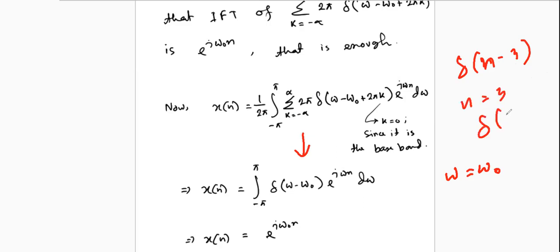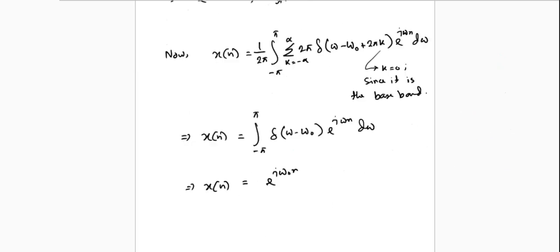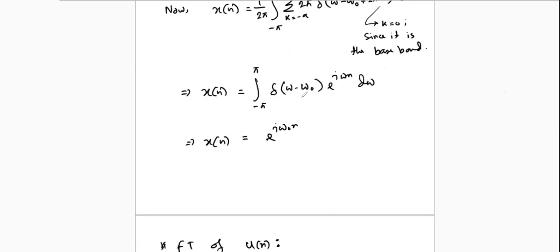Similarly, at ω equals ω0, you have the value, and the value equals 1 here, and here the value is e^{jω0 n} dω. The integration makes the value 1, because there is a single value, so no need to do any sort of integration.